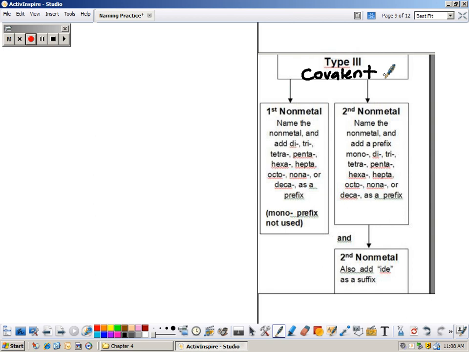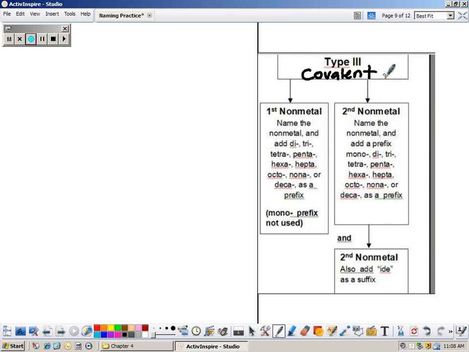And then for the first nonmetal, you never use the prefix mono. So if you just have one atom of that first element, you just put the name of the element. Okay, for the second nonmetal, you always use a prefix to indicate how many atoms of that second nonmetal you have. So for the second nonmetal, you can use mono.